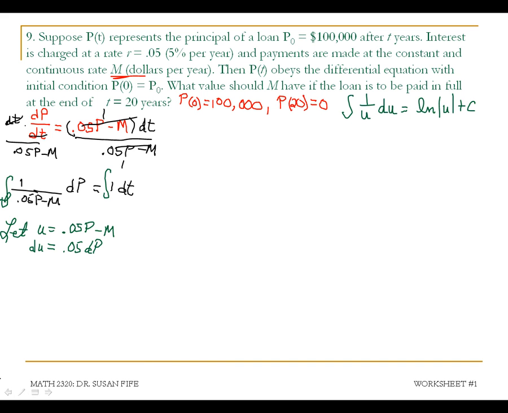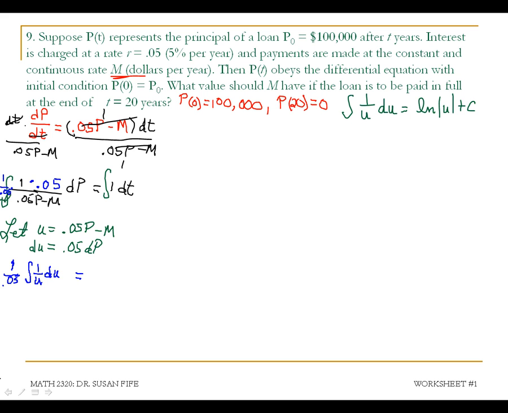I can put the 0.05 in the numerator, times 0.05, so that I get the 0.05 dP, but then I have to divide it off in front here by 0.05, so that this left side becomes 1 over 0.05 times the integral of 1 over u, and the 0.05 dP is my du.